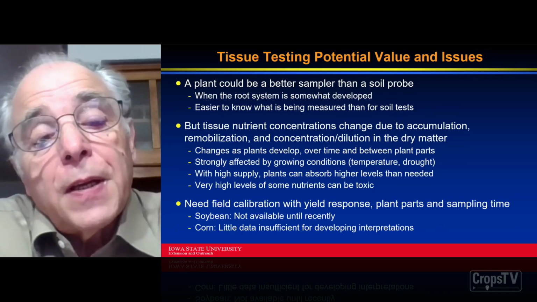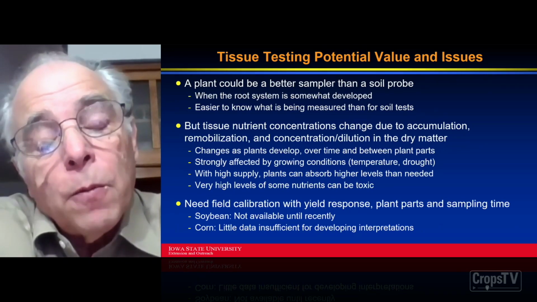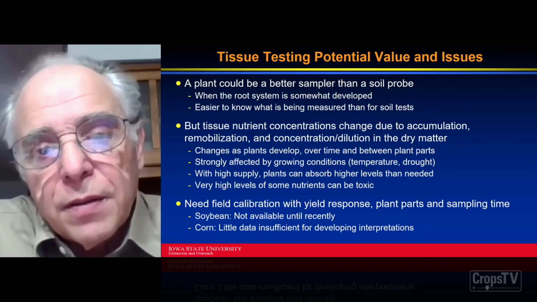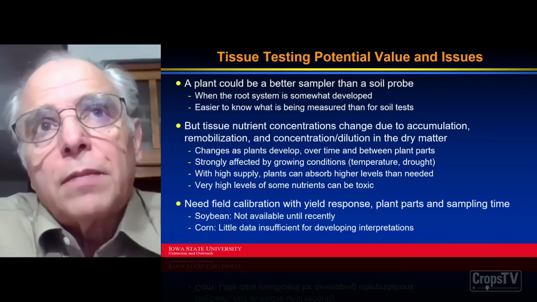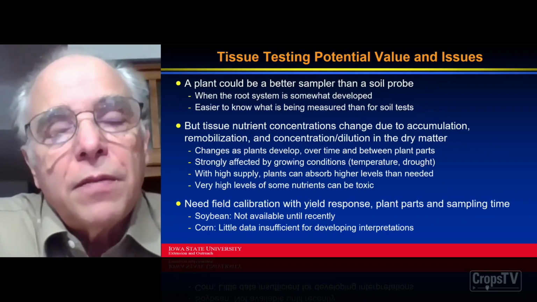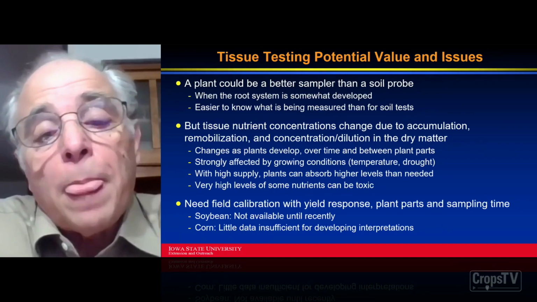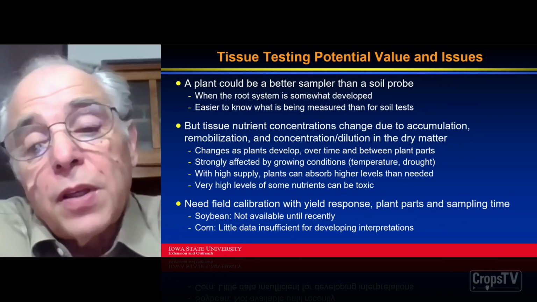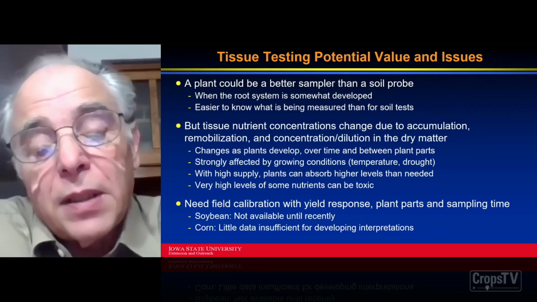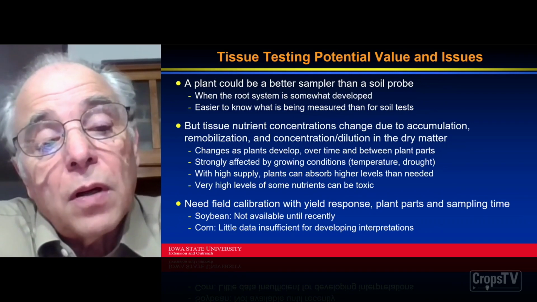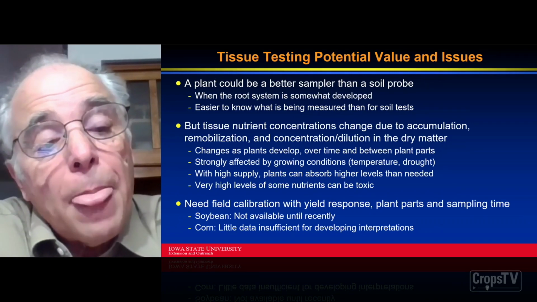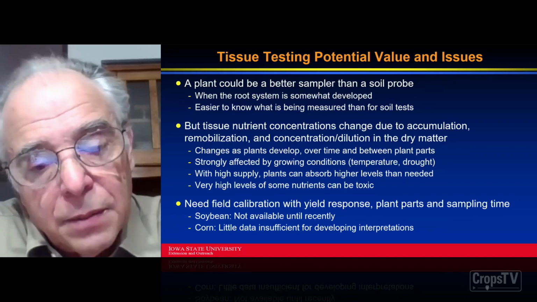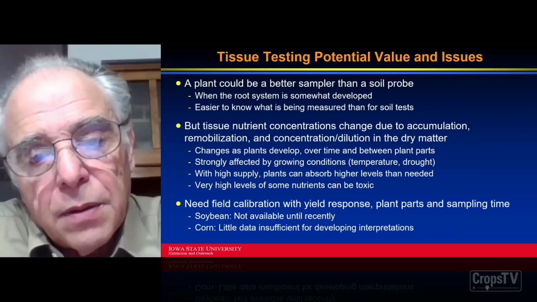Now, the other thing is that people believe that with tissue testing, it's easier to know what we are measuring. See, with the soil, we are having all these different methods, different extractants, trying always, mostly empirically, to see what is the amount that is available there for crops. Now, people believe that that's much easier with plant analysis, but it's not the case, okay?